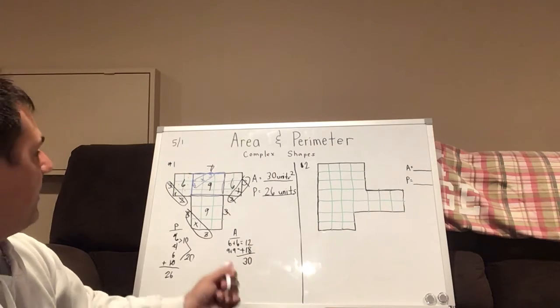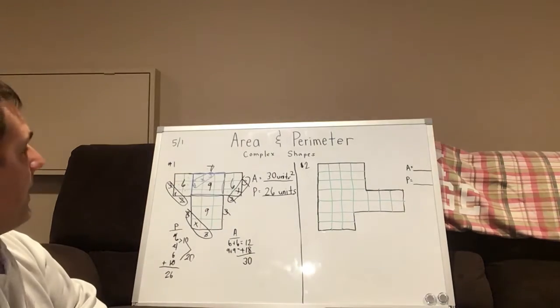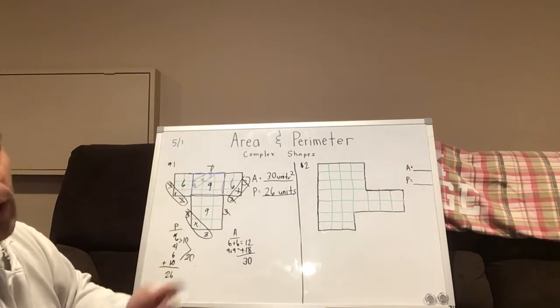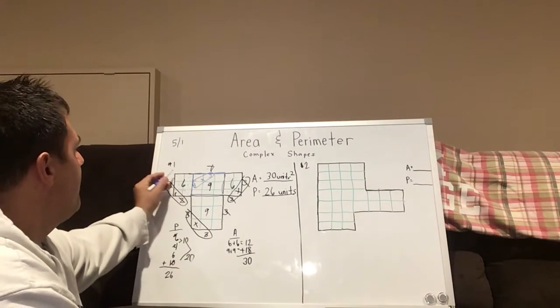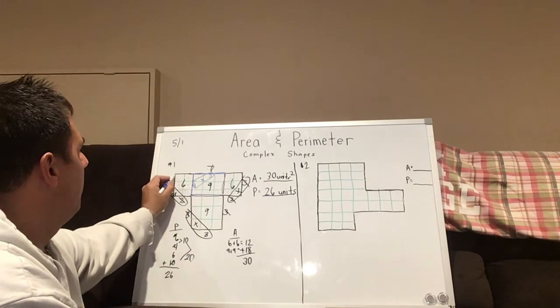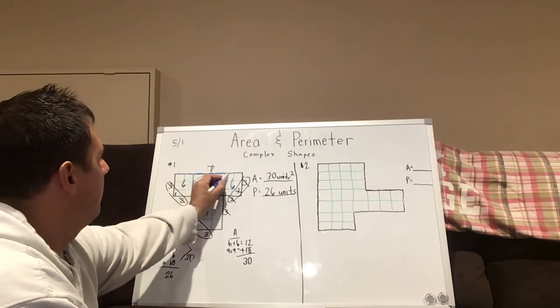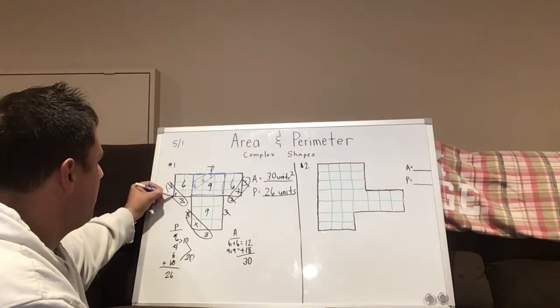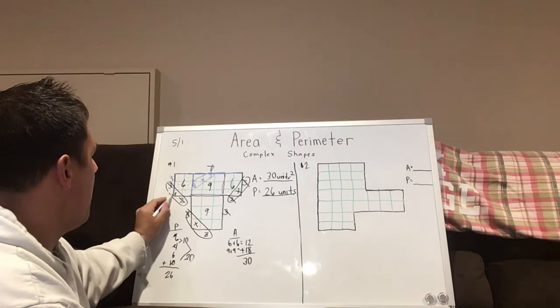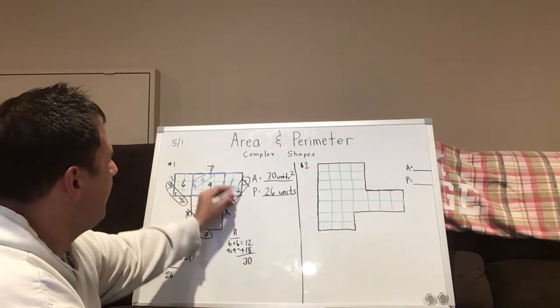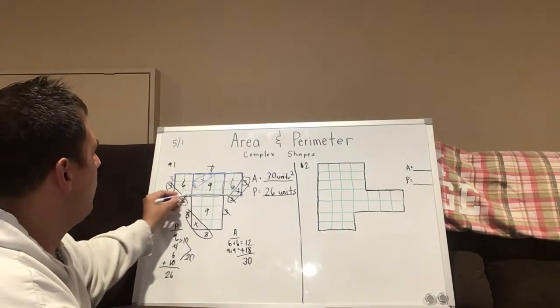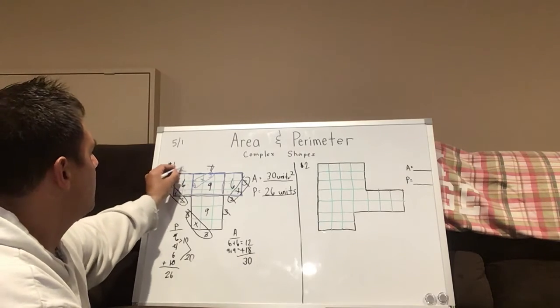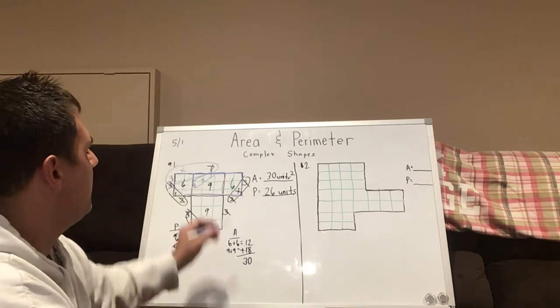If you think back to yesterday's example and the day before when we did the whole thing length times width to get the area, I could take my blue marker here, and this is what we're actually going to work on tomorrow. This whole section across the top is 7. This whole side down is 3, and that'll give me the area of the whole rectangle on top. 7 times 3 is 21.